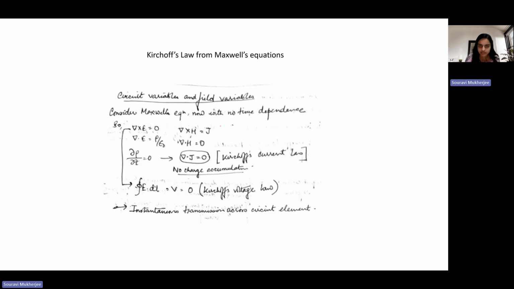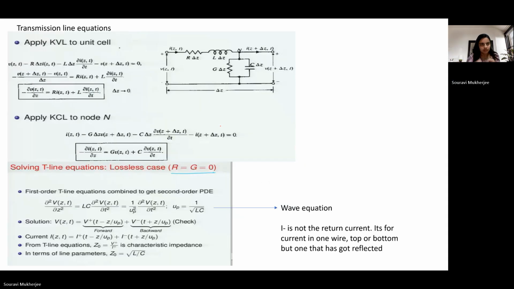So now for each such unit cell, we'll try to apply Kirchhoff's laws and see what that tells us about the voltage and the current changes as it propagates through the unit cell. So now to each unit cell, if you apply your KVL, okay, basically this was your unit cell, right?